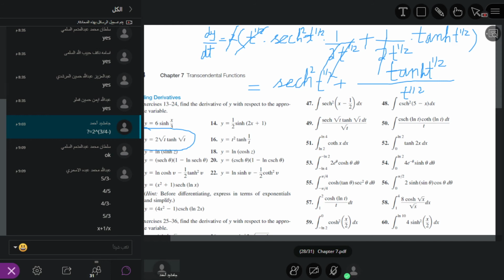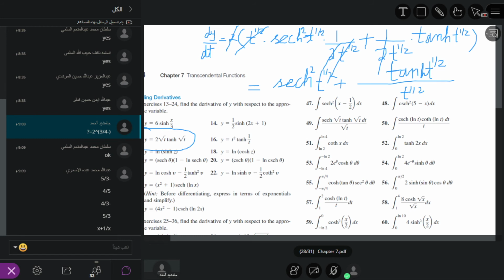So that is why t power 1 by 2 will be cancelled with t power 1 by 2. What is remaining now? And 2 will be cancelled with 2. We just have sec hyperbolic square t power 1 by 2 plus tan hyperbolic t power 1 by 2, divided by t power 1 by 2.